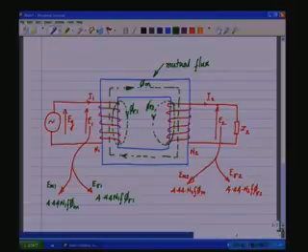Now, we can construct the equivalent circuit by looking at these voltages. We know that E1 is the vectorial sum of the induced EMF Em1 and E sigma 1, which is the leakage component. Likewise, in the secondary also it is the vectorial sum of Em2 and E sigma 2, the leakage component. So, how does it look in the equivalent way?